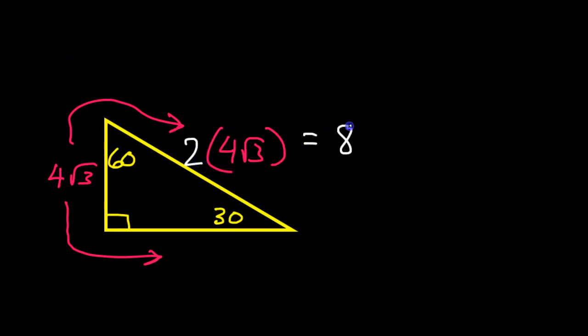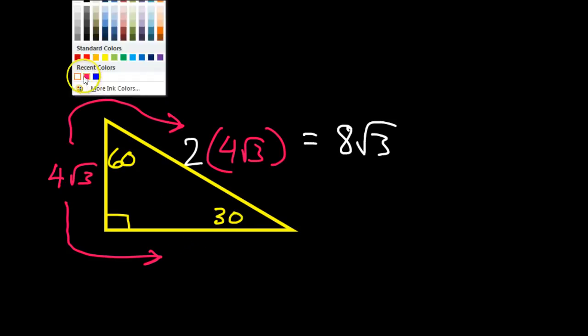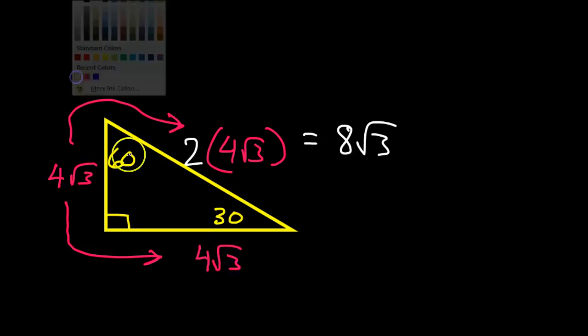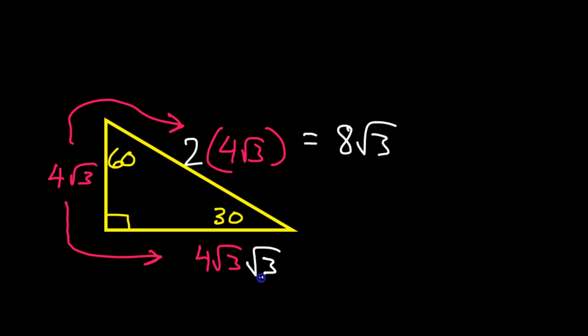And that gave us, in this case, 8 radical 3. But we've also learned that if we want the long leg, we start with the short leg, which is 4 radical 3, and then we multiply it by radical 3.